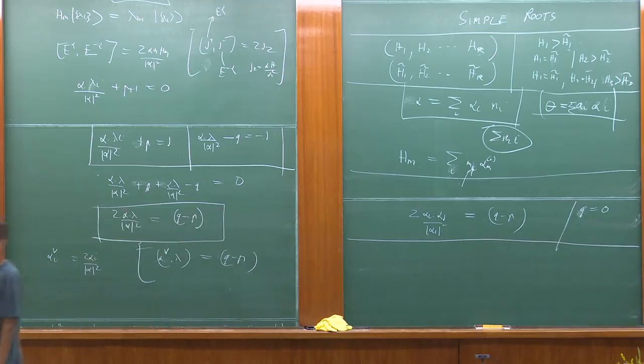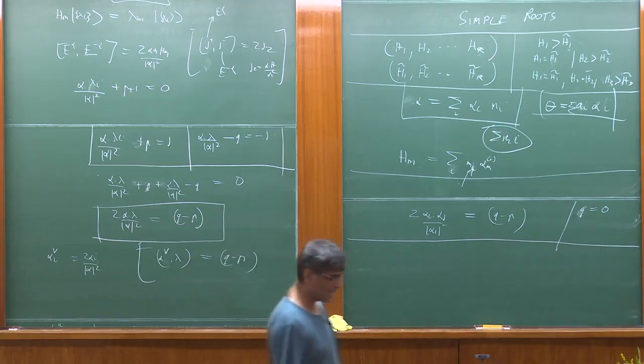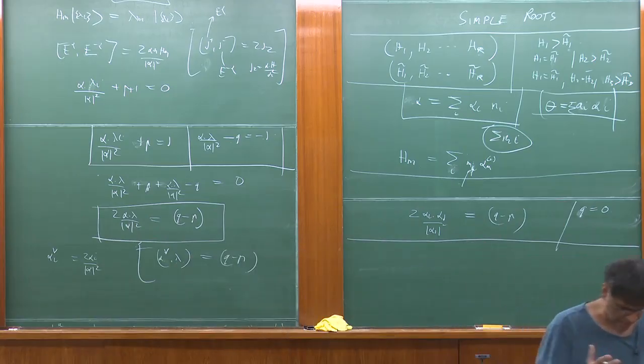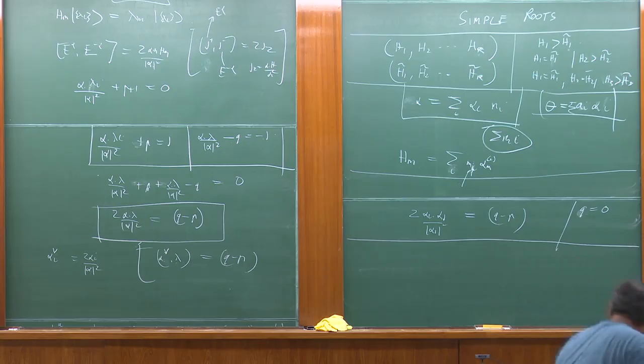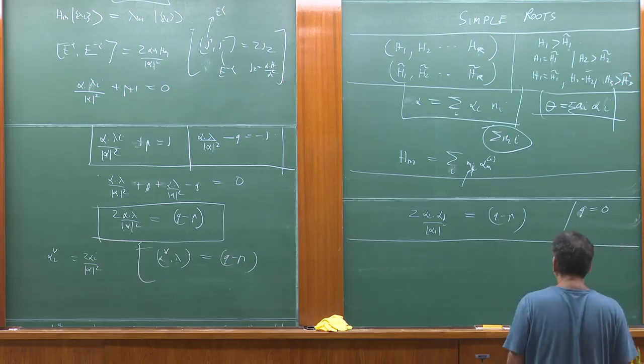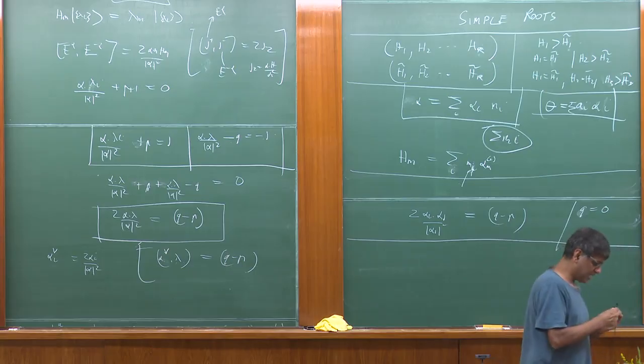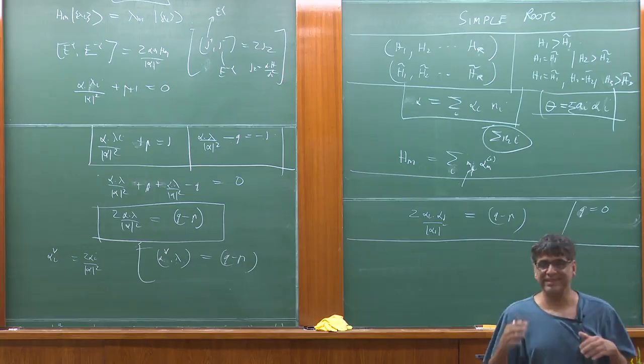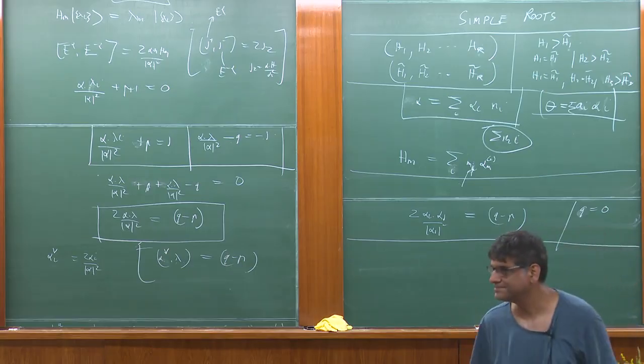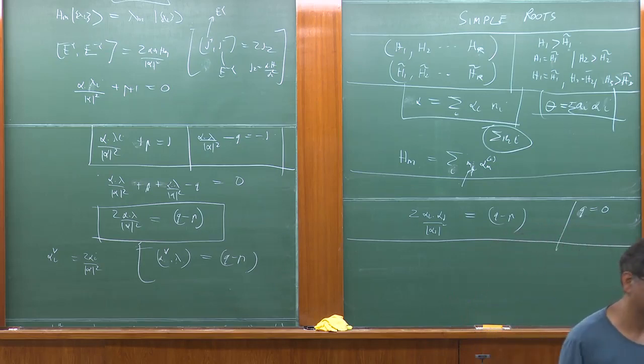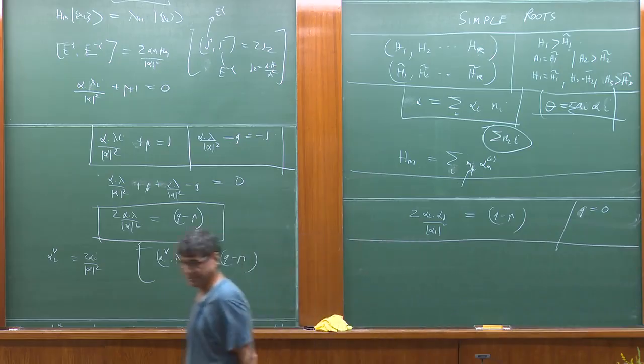Which means I want to argue that by acting on the weight of the jth root with the ith lowering operator, I get 0. These are the simple roots.